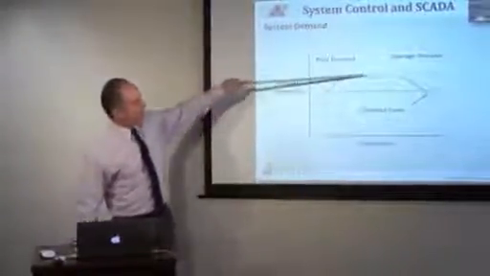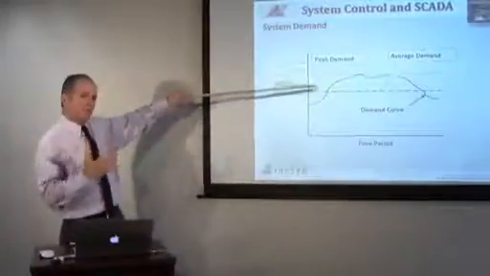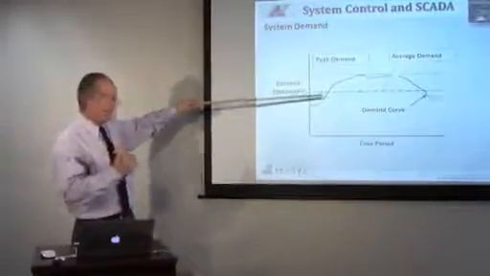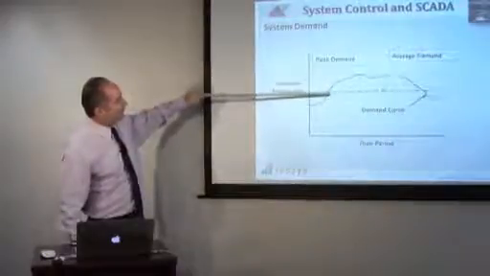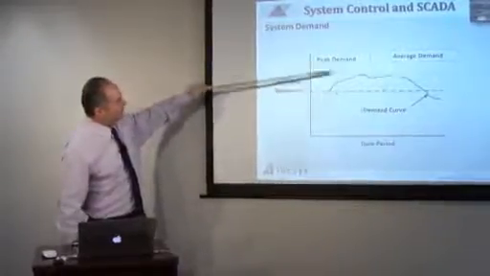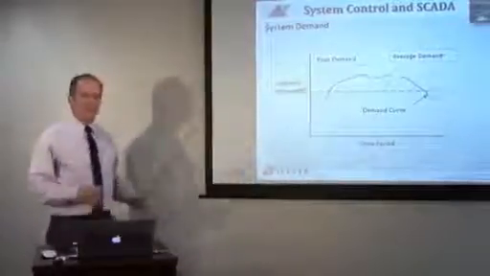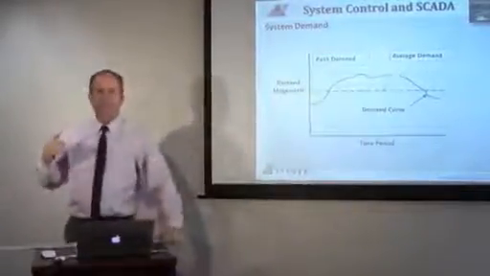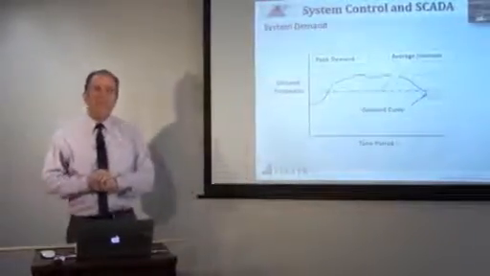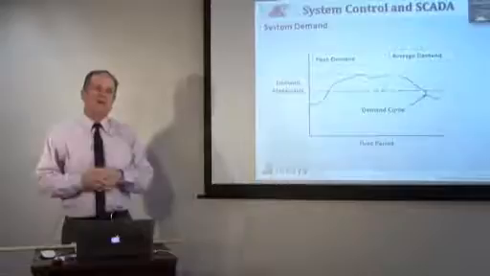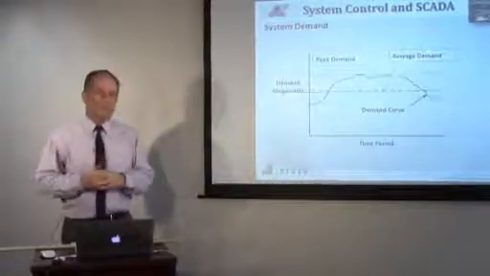Just because you had a peak here, you had to have the resources to supply the peak. So what is your demand factor? It's the average divided by the peak. And if your system has a high demand factor, like this one has, then you're utilizing your energy resources very well.